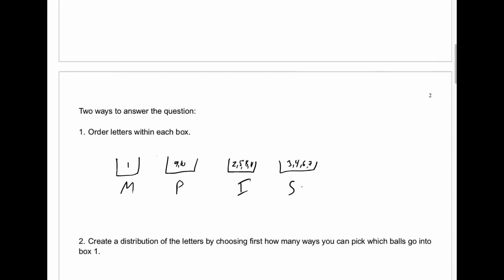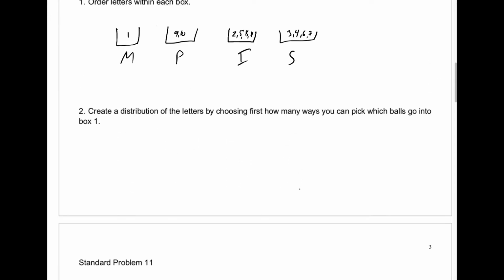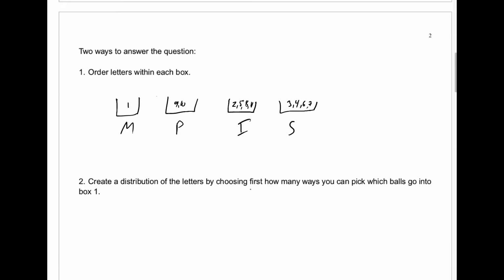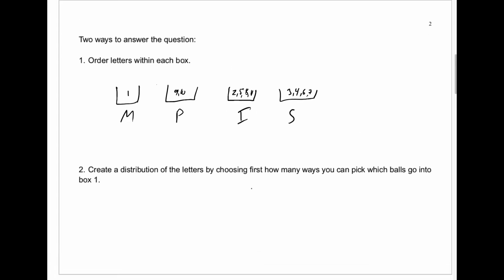So the distribution that takes the numbers from 1 through 11 and puts them in these 4 boxes looks like this. But let's just pretend that instead of just caring about which balls are in which boxes, it doesn't matter which order I write this 9 and 10 in. All that matters is that I have a 9 and a 10 here. Here I have the 2, 5, 8, and 11 in a particular order, but it doesn't matter.